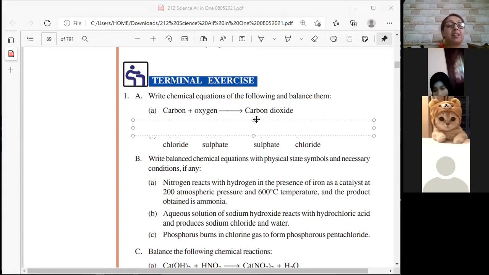1A, the first one. Now tell me, when I have to write carbon plus oxygen, how will I write carbon? Carbon is C. Okay.